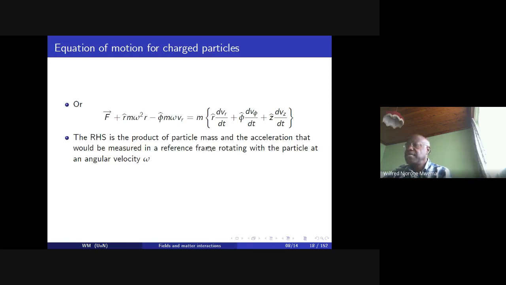That is, we are sitting with the particle and moving around with it, and therefore this is the force that we would measure for that particular particle. That's the force that the particle is experiencing. The left hand side is therefore the force that would be acting on the particle as it would be measured in the rotating frame.